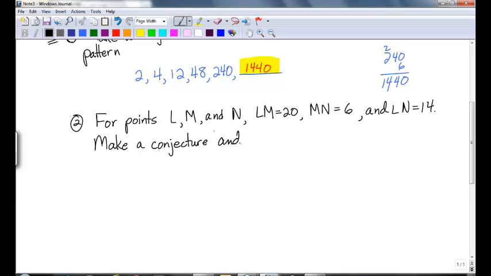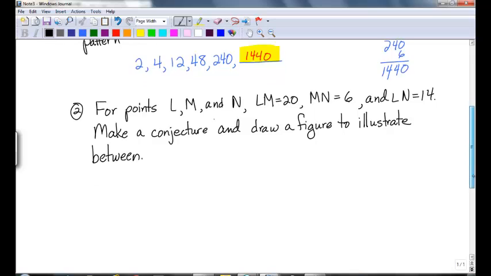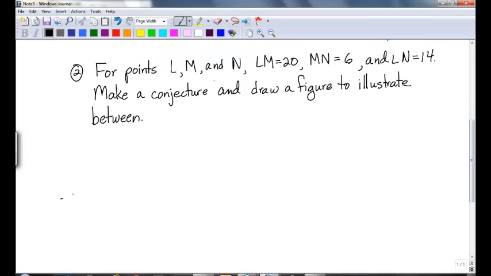and draw a figure to illustrate betweenness. And we already did betweenness in the last chapter. So, I would do the picture first.